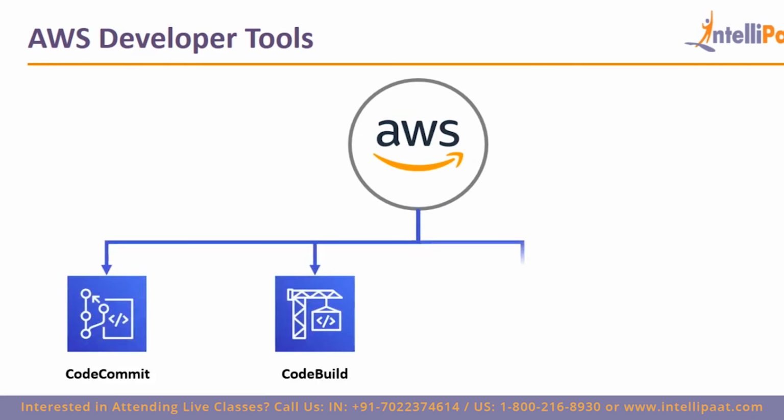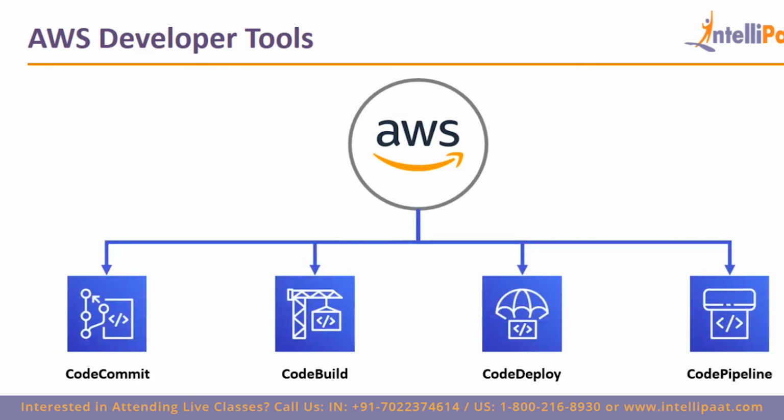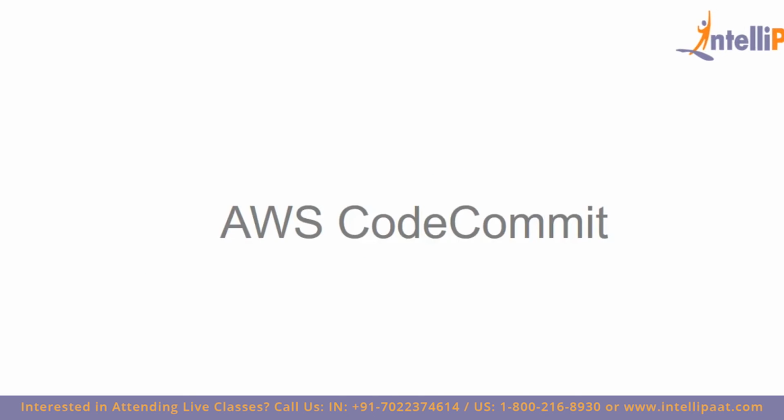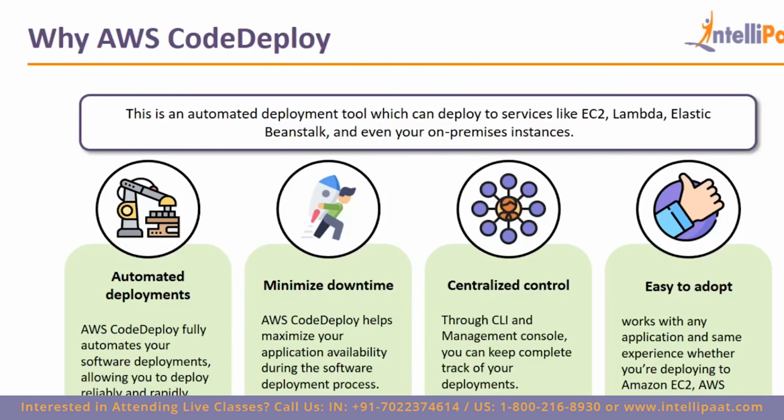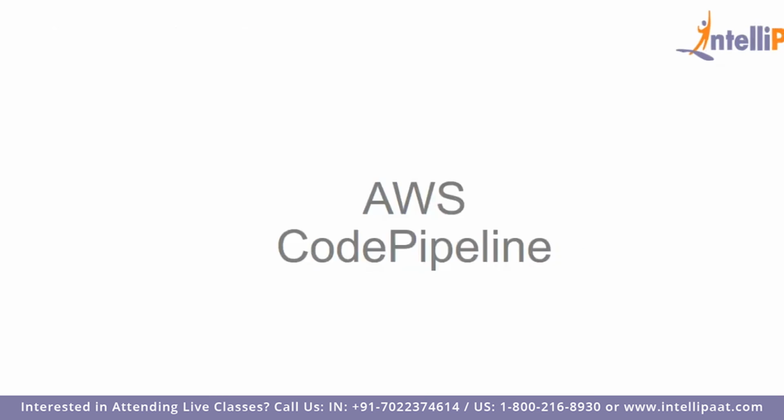And then we saw all of these 4 services: code commit, code build, code deploy, and code pipeline. Here we learned how to create a code deploy application and also how to create a code deploy deployment group. Using code deploy, we created a deployment group which targets a particular instance.